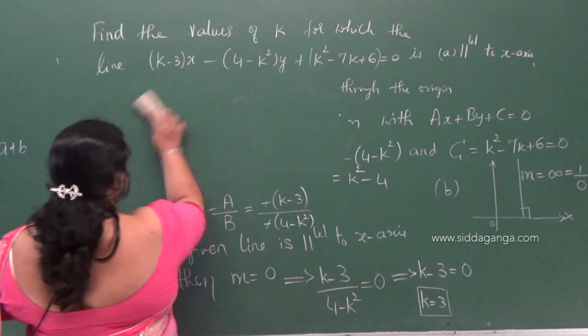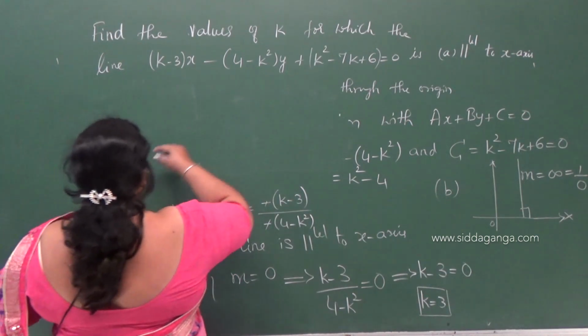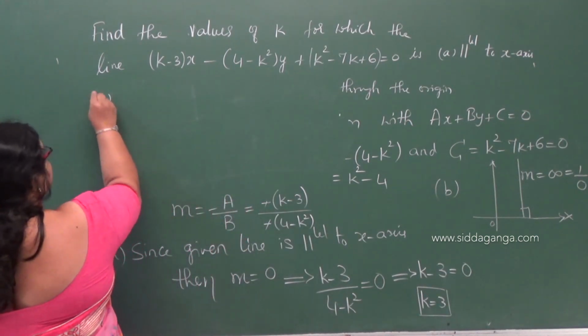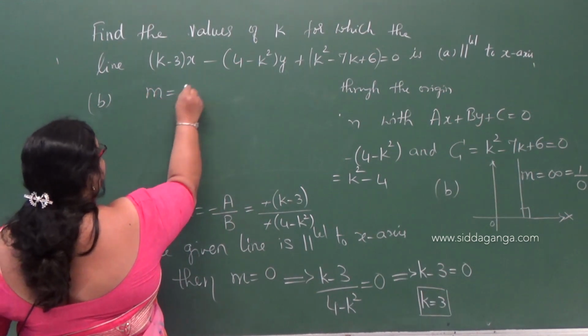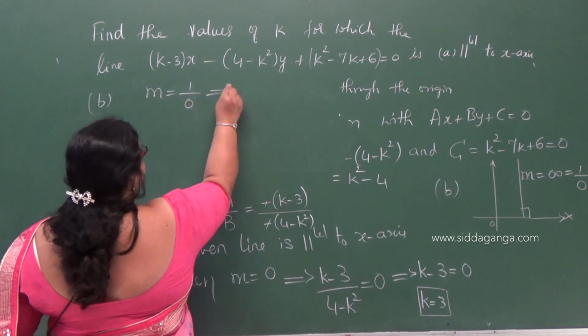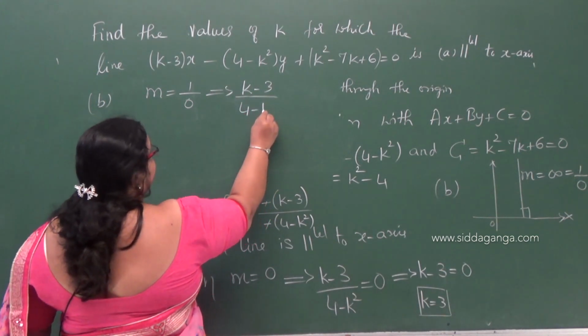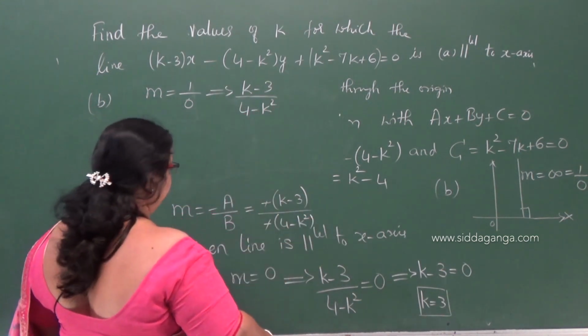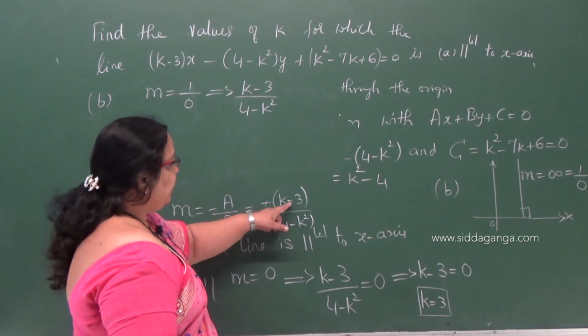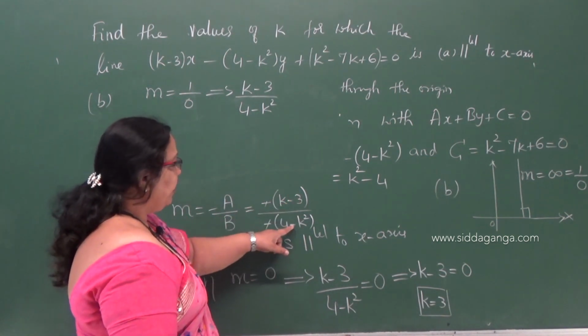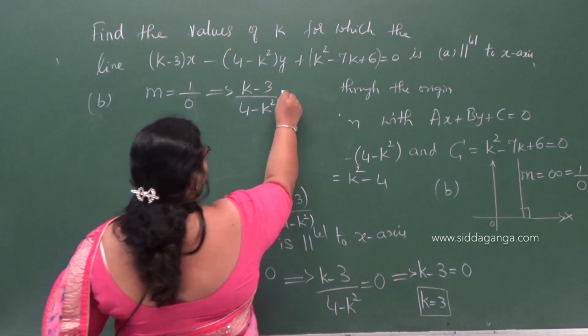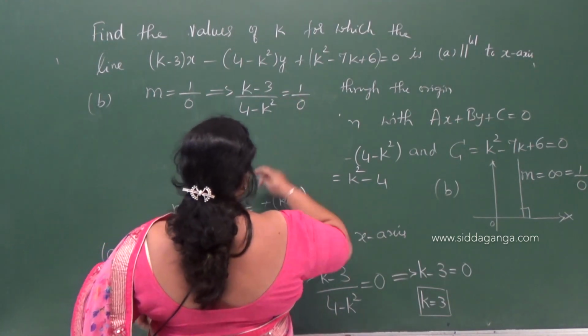When parallel to y-axis, for the second question, m equal to 1 by 0 implies k minus 3 divided by 4 minus k square equal to 1 divided by 0.